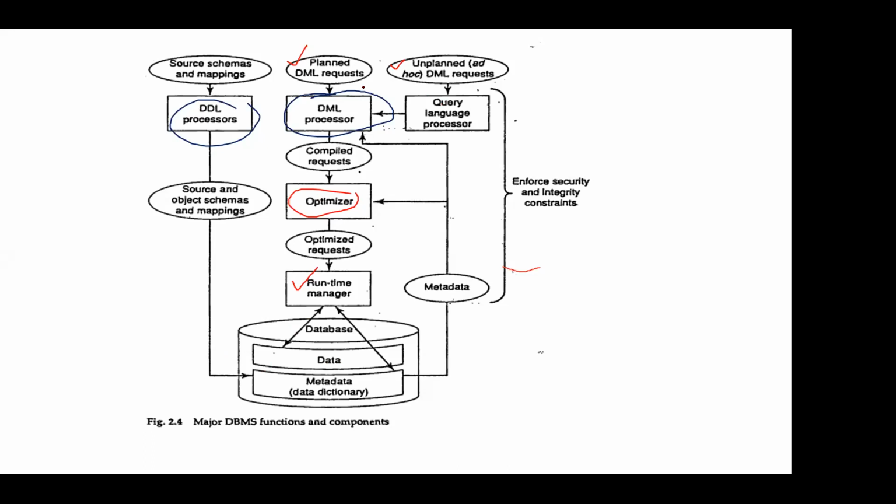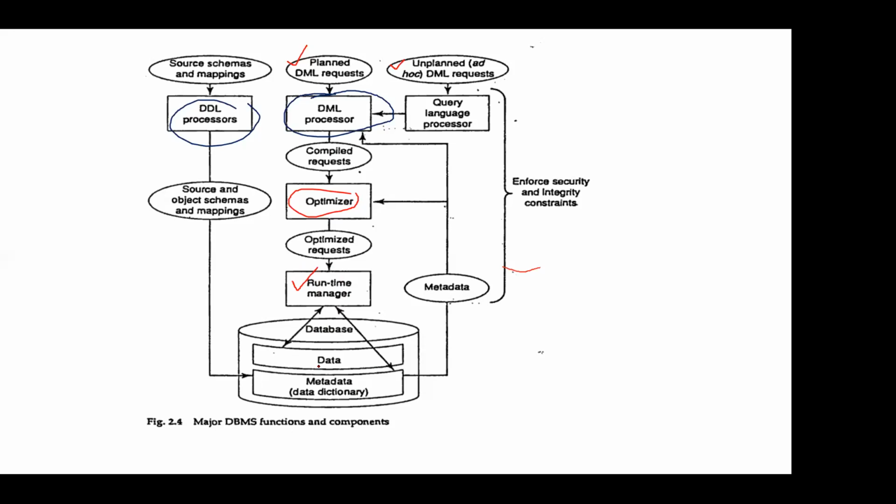We are executing and processing them through the optimizer. The optimizer executes all the requests under the control of the runtime manager. This runtime manager invokes the storage manager. It invokes the data from the storage manager. So try to understand all these components, how these are linked.